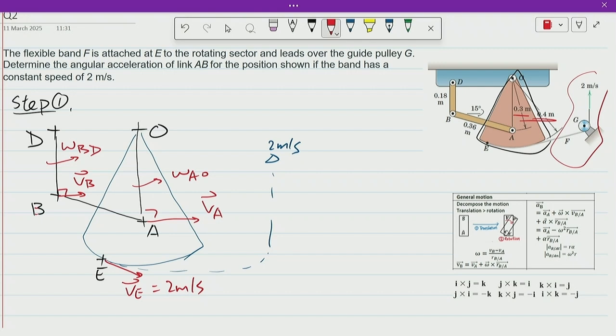Again, the pizza shape looks pretty weird, but at least for AO, it's just the same as having a straight rod. The tangential acceleration at E is 0 if the speed is constant.